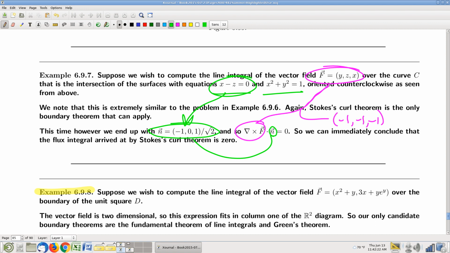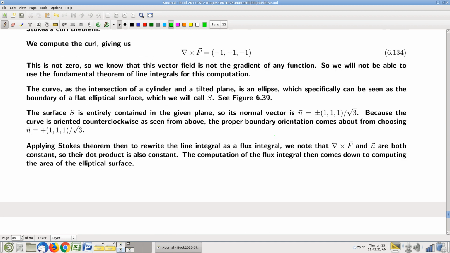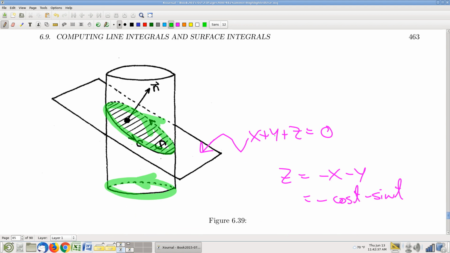Yes? So if you ever think of how we find the curl dot n equals a constant, do we still have to parameterize the domain? Yeah, it is the area, but it's the area of that surface, and the area of that surface is the ellipse. So here, I'll write it down.